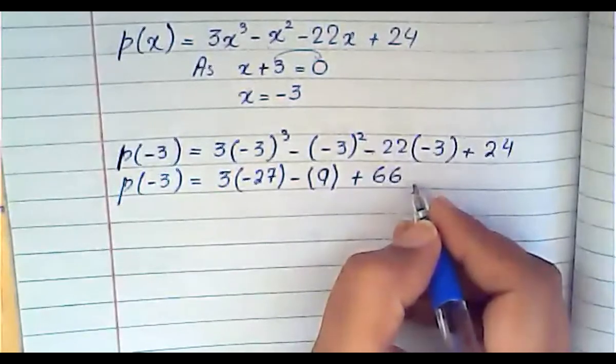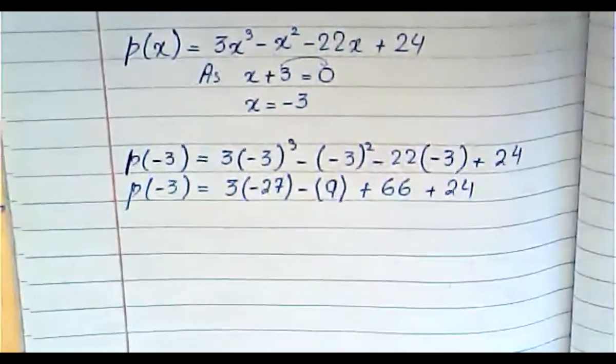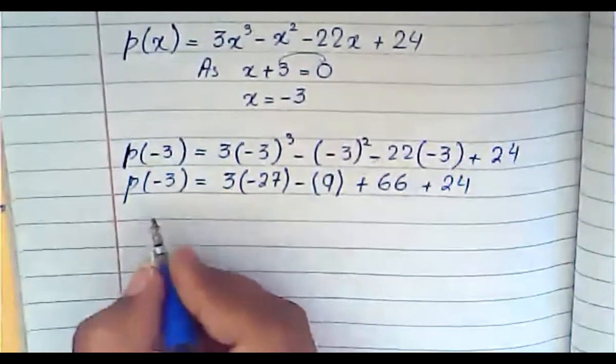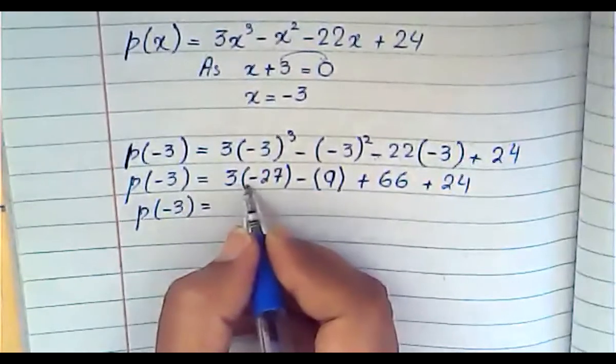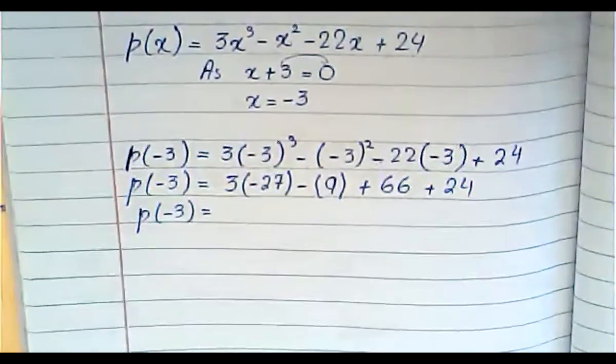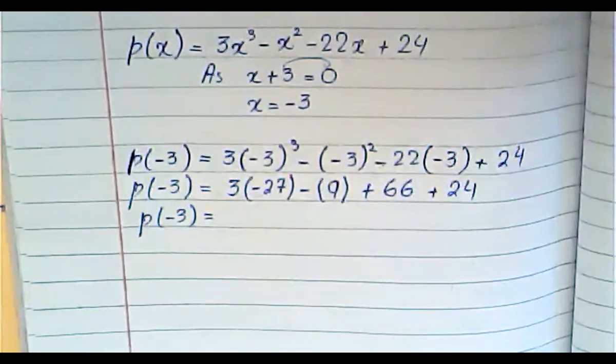And plus 24, that's it. Now in the next step we are going to multiply them. Minus 3. Now please tell me 3 multiplied by minus 27, what will be the answer? Everyone, hurry up.